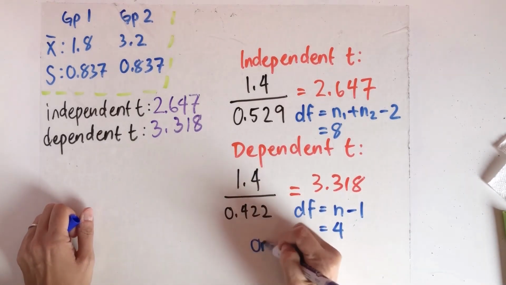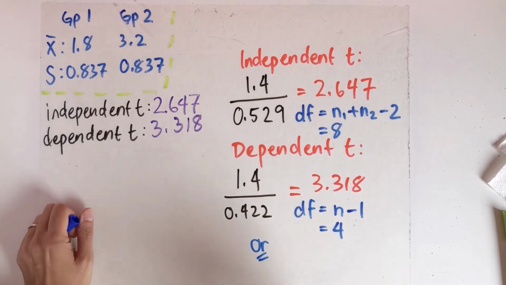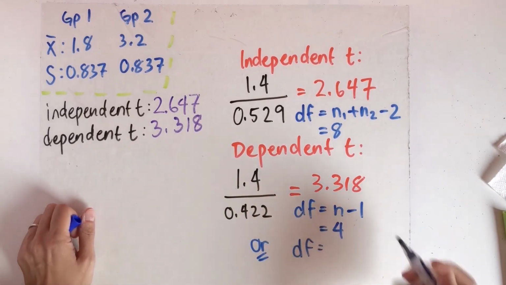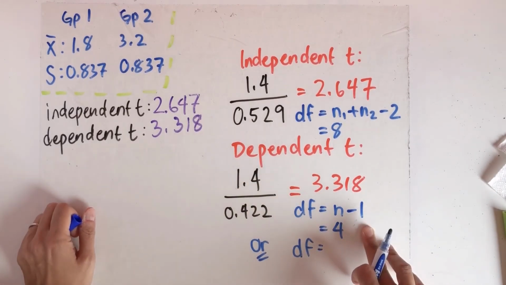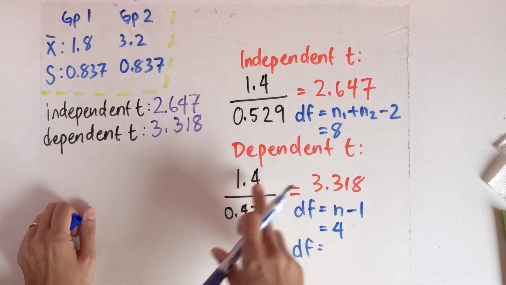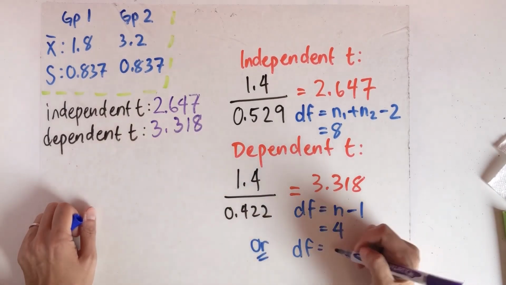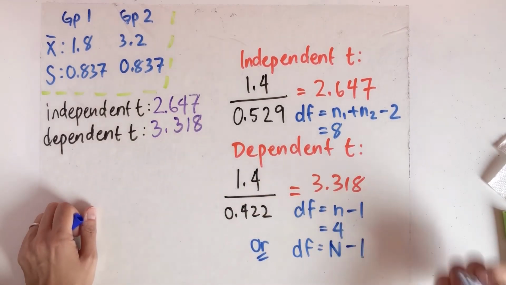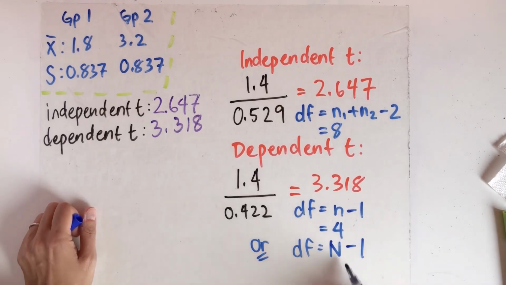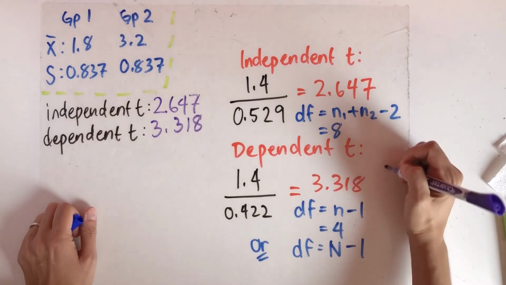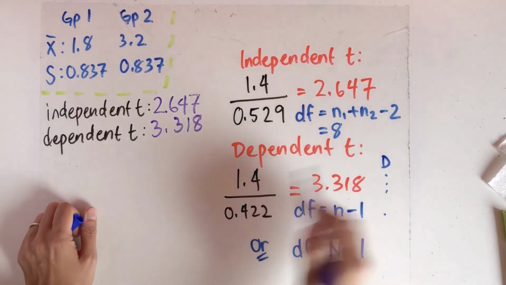Sometimes you might see that because the number of participants in this case ends up being the number of data points, because 5 data points ended up making this mean, you might end up seeing big N minus 1 being used. So this is saying the whole number of observations is being used because the whole number of observations is actually those 5 difference scores that made up D bar.